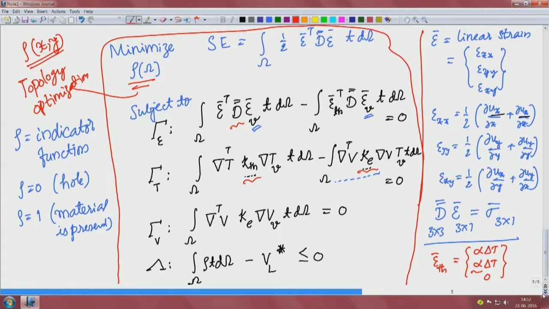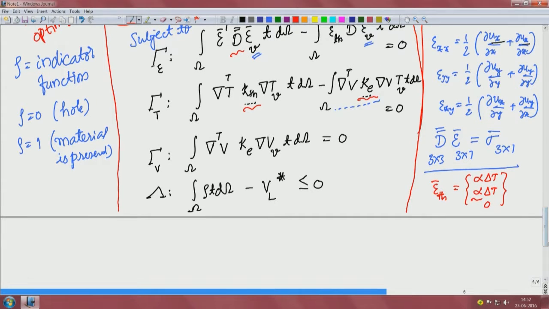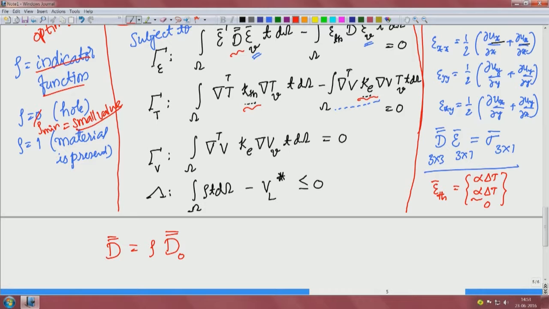How does it come? Because of the way we define the indicator function rho. If I take the stress strain matrix, I will take the base material matrix as D0, multiplied by rho. So, rho we do not really make it 0, we take it something like rho min, some small value, so that we do not run into singularity problems while solving.